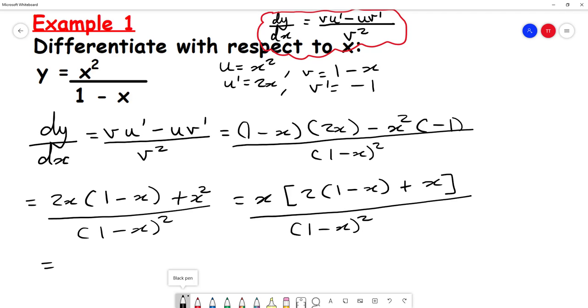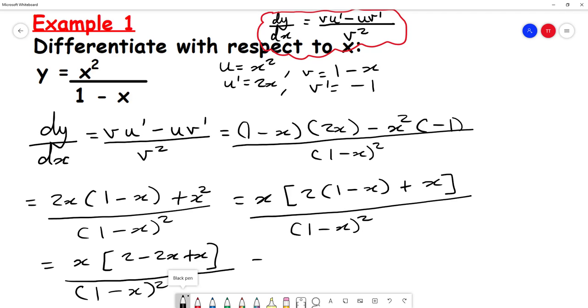Now in square brackets, I'm going to get 2 minus 2x plus x, all divided by 1 minus x all squared. That will give me x times 2 minus x, all divided by 1 minus x all squared.